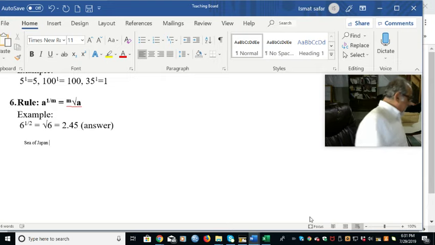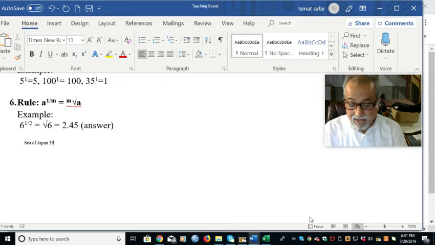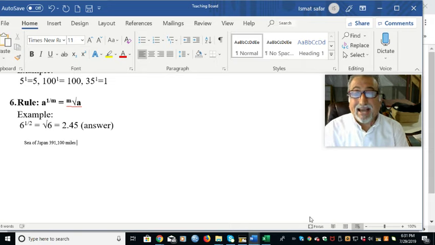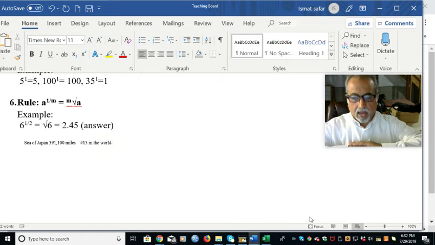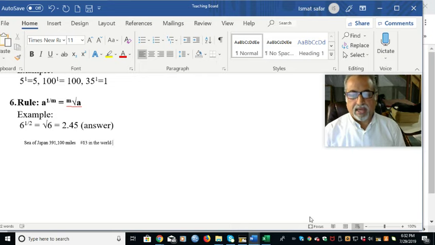It is 391,100 miles, and it is number 13 in the world in size, in how much water, how much sea it has. So this is number 13 in the world, the Sea of Japan.